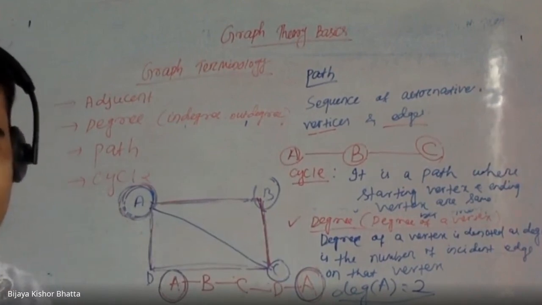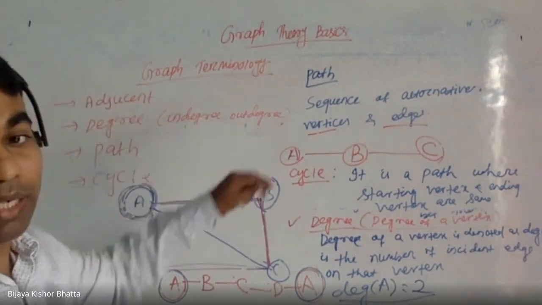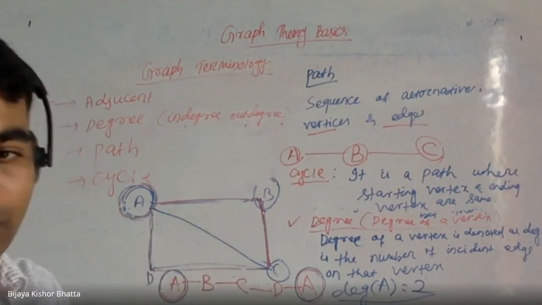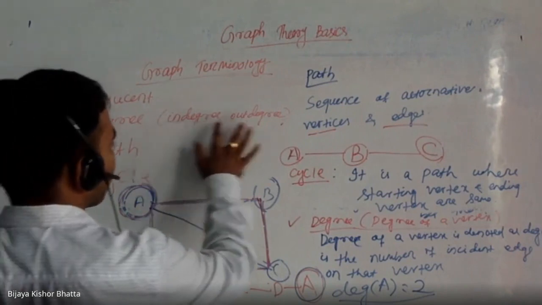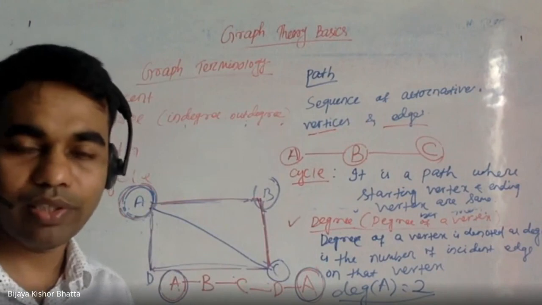Okay, that's great. Now come to in degree and out degree. After this conversation we'll go to the different kinds of graphs, directed and undirected. But in degree and out degree come into the picture in the case of a directed graph, whenever a direction is given.